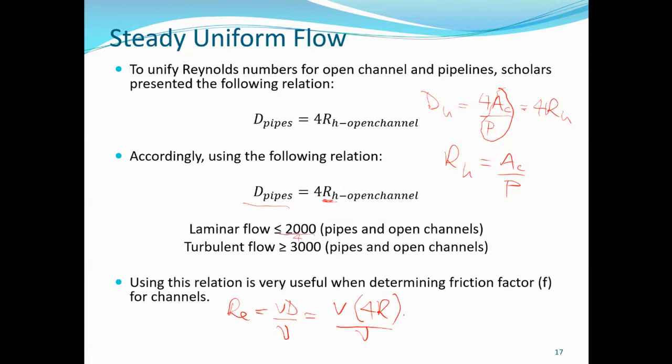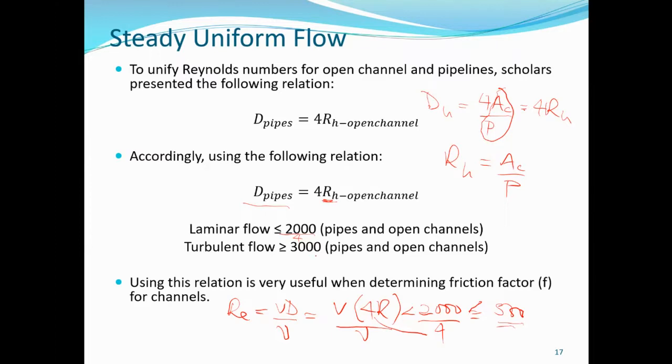If you remember, for pipe flow this has to be less than 2000. So when you divide by 4, that will give you 500. So for open channel flow, the Reynolds number should be less than 500.